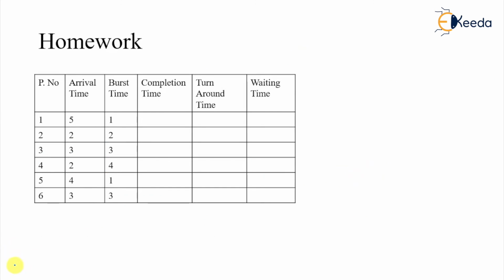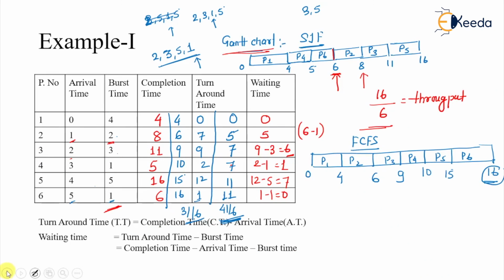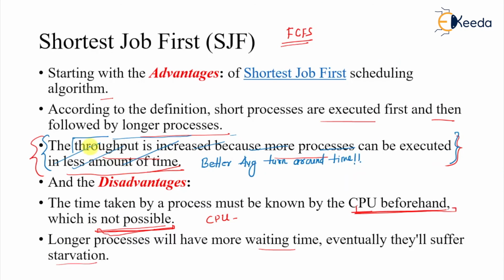I'll leave this for you to check as well: do we have a good average waiting time? That is also a very good question. I hope this little statement will not confuse you. Throughput is something different.